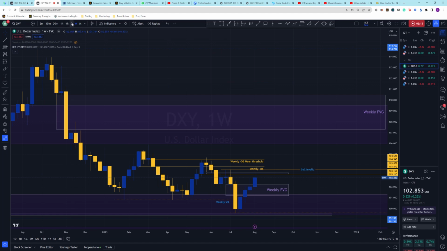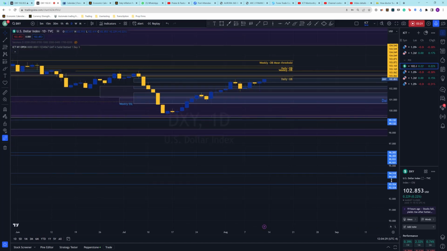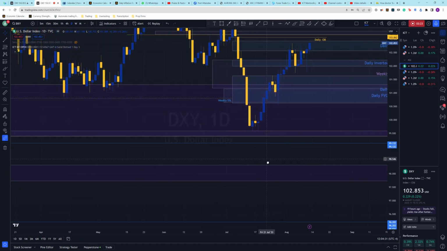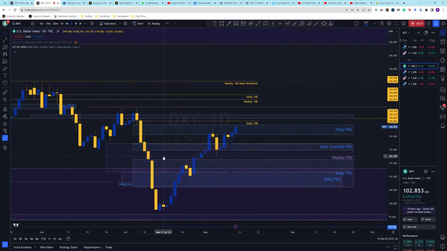Let me go to the daily, still on the USD pair. All right, so we still have a bit of a place to get to. Even though this is my prediction, I'll come to that when I enter the GU and EU.